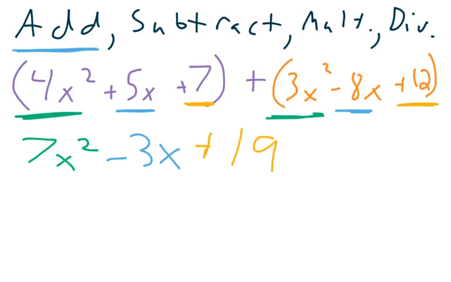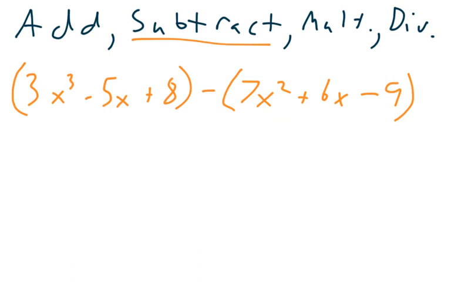So subtracting is the exact same thing. It's just we're subtracting them from each other instead of adding them. So just like whenever we added, we need to make sure that we subtract the stuff that goes together. So over here, I have a 3x to the third.